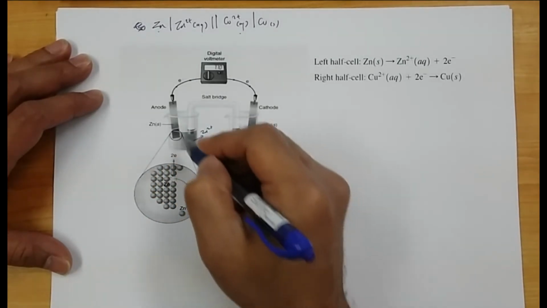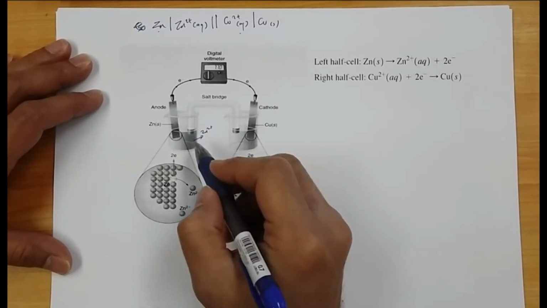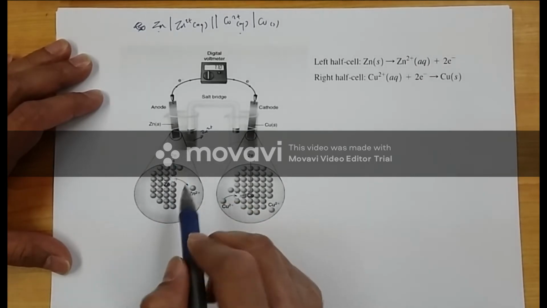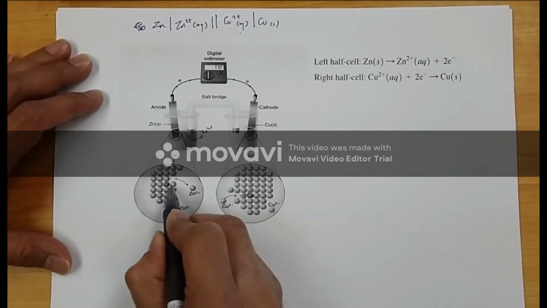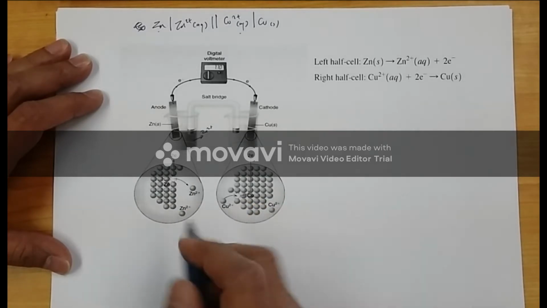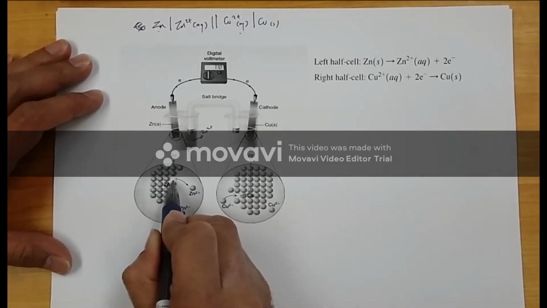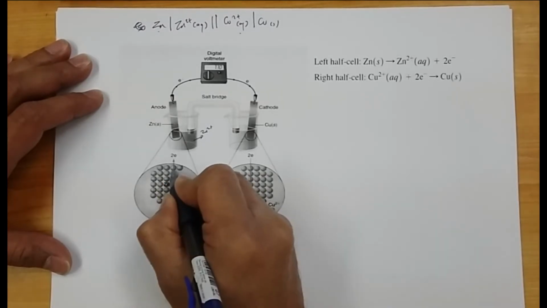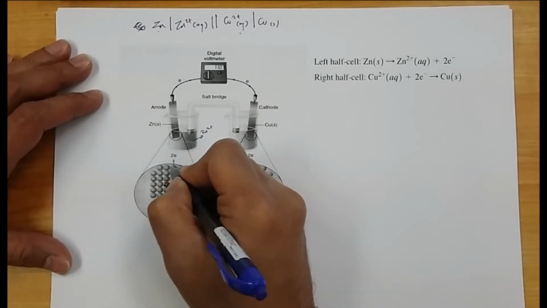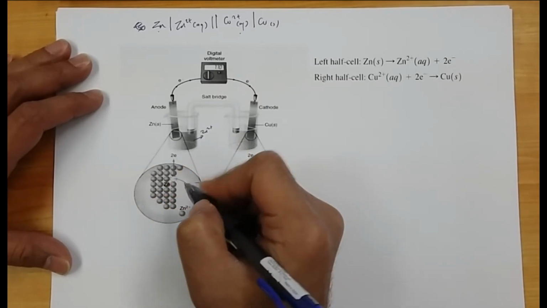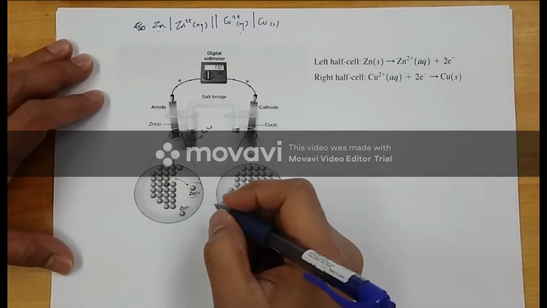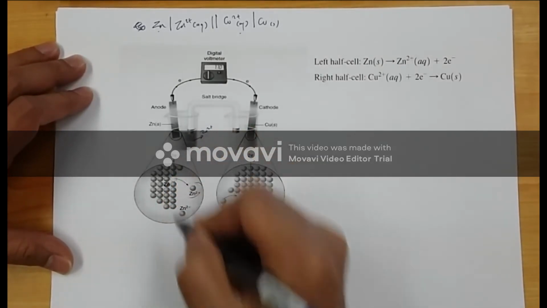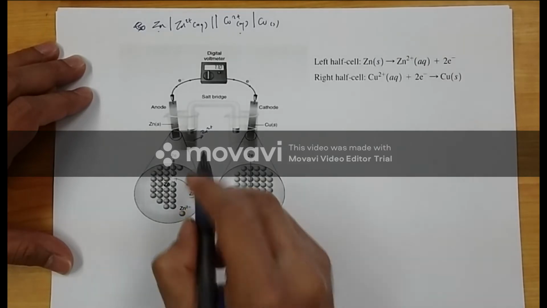The moment you dip it under standard half cell conditions, a very small amount of zinc metal gets oxidized and becomes zinc ion, and the electrons are left on the surface, right? It's small, but it's enough to generate some negative charge on the zinc surface, right?